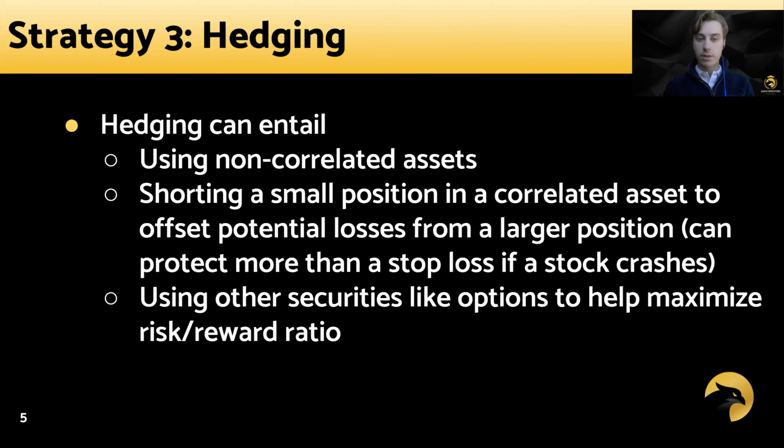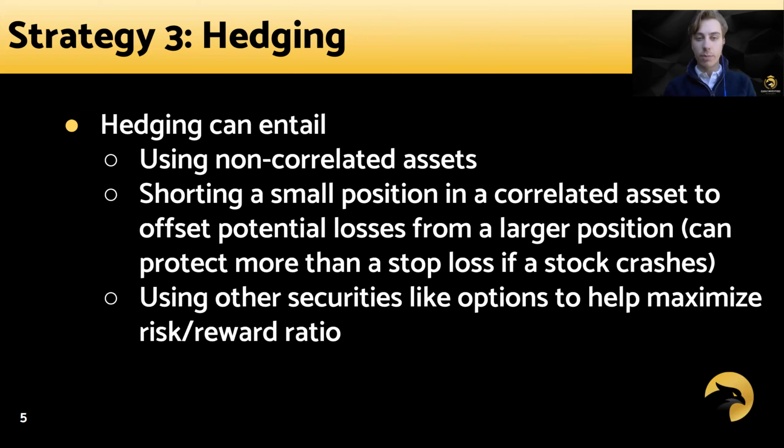And the best way to do that, to a degree, is also using other securities like options to help maximize the risk reward ratio, where you get to a point of maximum downside when you start wanting to hedge. If you have a certain gain at that price target limit, the cost of your hedge will not completely eliminate those gains.